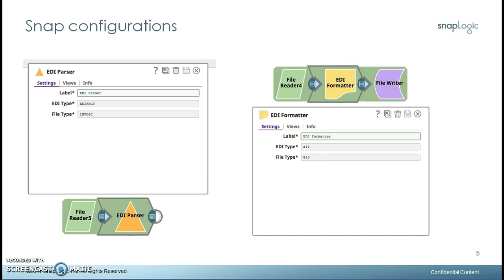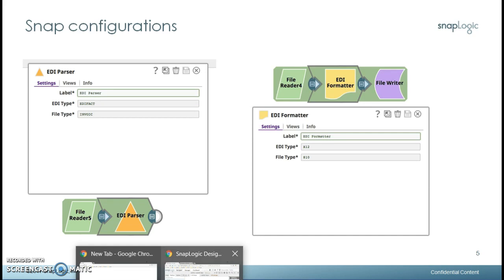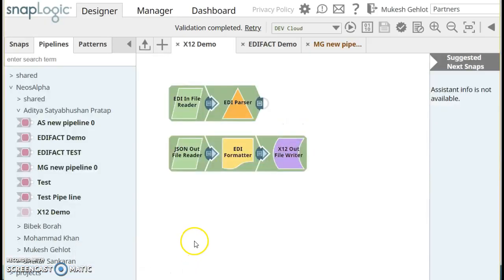Now let me take you through the SnapLogic designer to see the EDI parser and formatter snaps in working. You can see that the EDI parser parses the incoming document to create a JSON output with data elements and corresponding values.